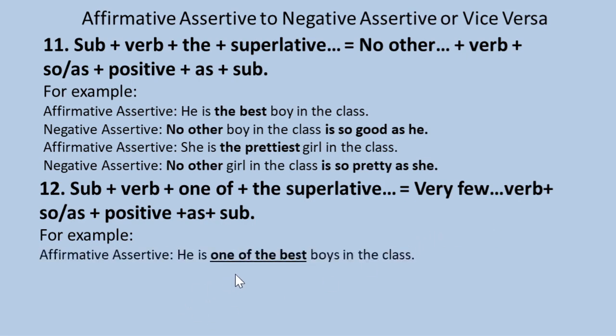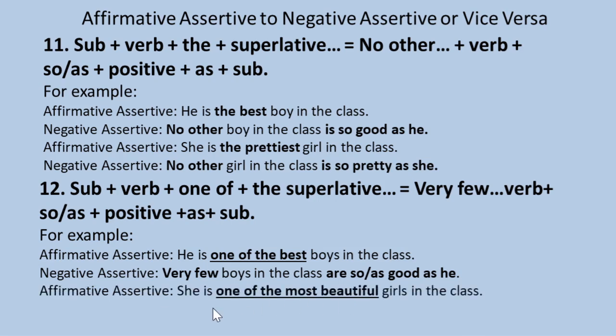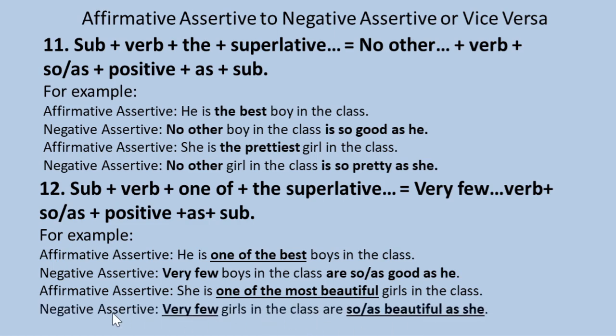Affirmative assertive: he is one of the best boys in the class. Negative assertive: very few boys in the class are so good as he, or as good as he. Affirmative assertive: she is one of the most beautiful girls in the class. Negative assertive: very few girls in the class are so beautiful as she, or as beautiful as she.